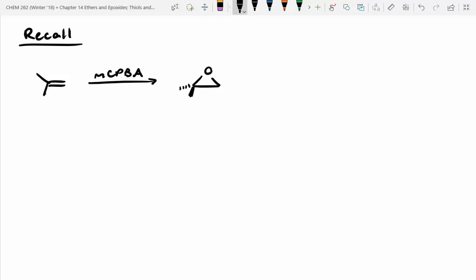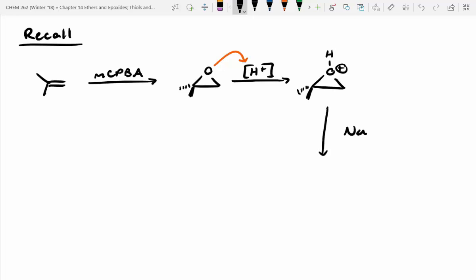And in the next step, what you can do that we've seen previously is treat this with strong acid. And like we saw in chapter 9, you can protonate that oxygen. This oxygen now has a positive charge. And then if you remember, I said if you've got a nucleophile, it's going to favor one carbon over the other.